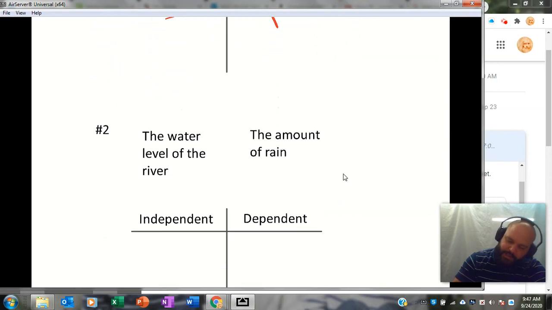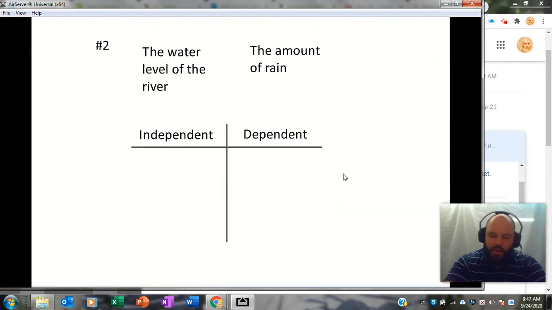So hopefully that made sense. Let's take a look at the next one. So we have the water level of the river and we have the amount of rain. Which of those is the dependent and which is the independent? I'd say this one's probably a little easier than the last one.